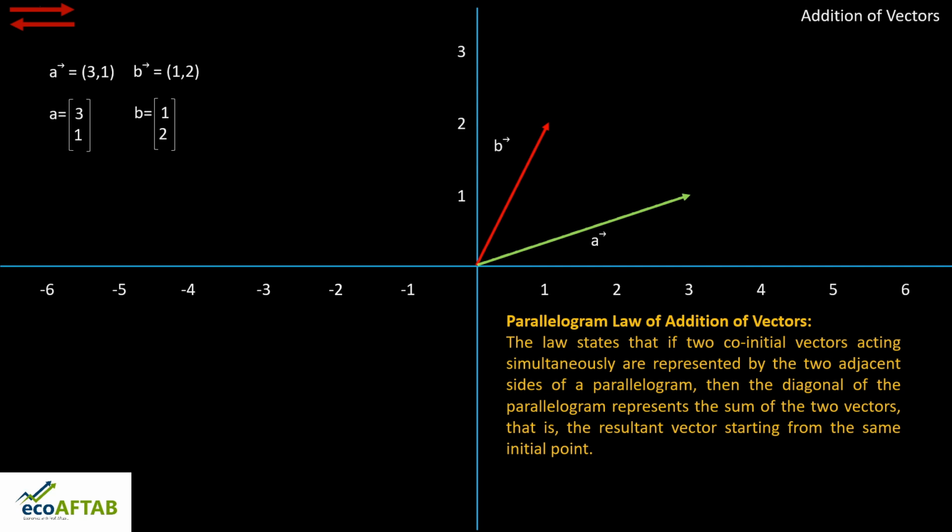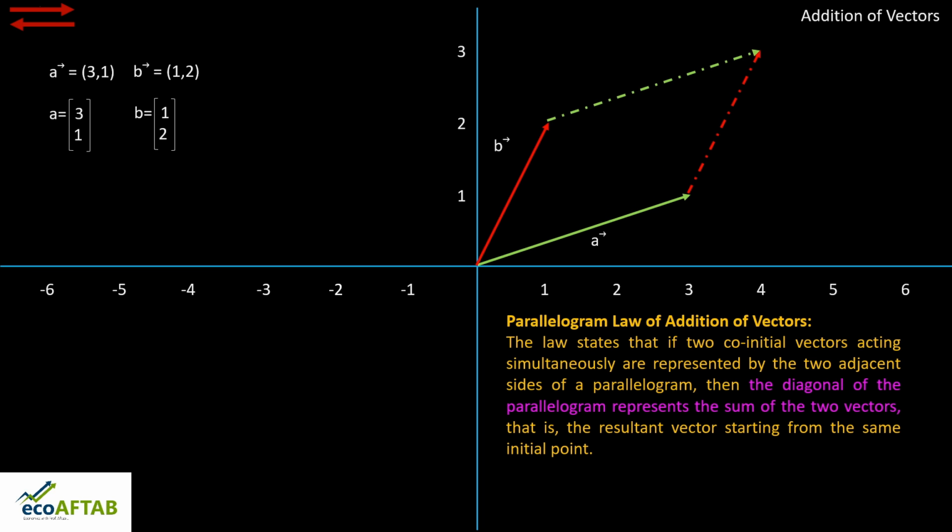So here we can see in the graph how the vector B will move towards its adjacent side. So this is the other side of the parallelogram, and how vector A moves towards this adjacent side, as you can see.